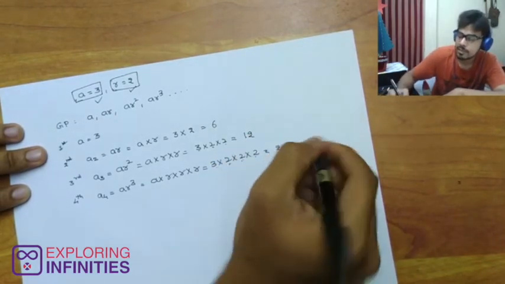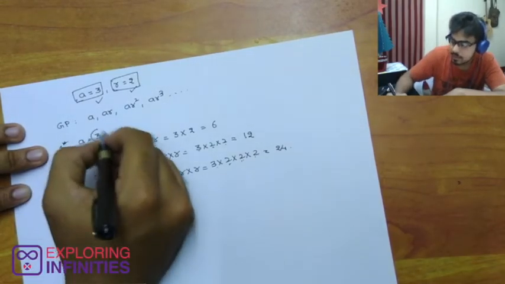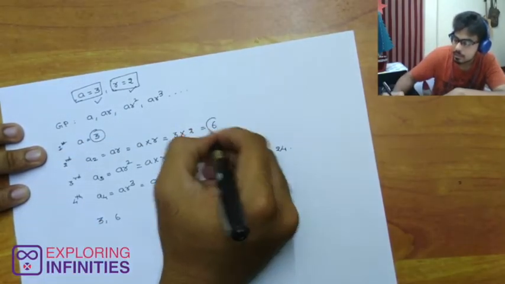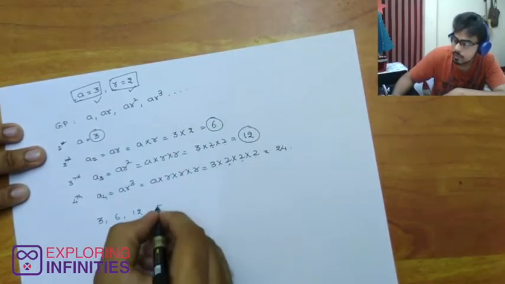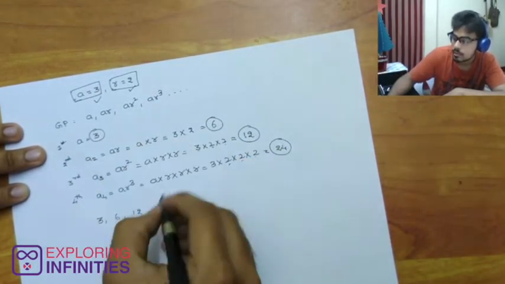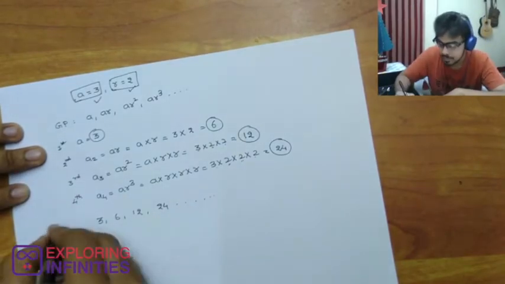Alright, seems like we got a geometric progression. 3 is the first term, 6 is the second term, 12 is the third term, 24 is the fourth term, and so on. Wow, we got a GP.